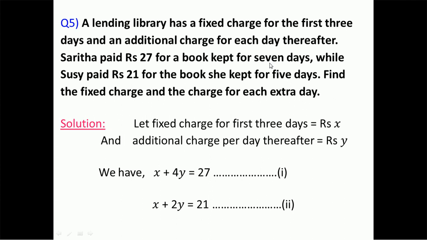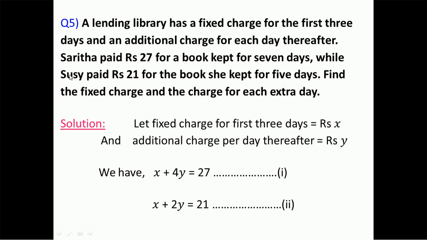For first 3 days the charges will be rupees X, and for remaining 4 days, the charges will be according to Y. So here we have the first equation, X plus 4Y is equal to 27, means first 3 days is X and remaining 4 days means 4 into Y, and their addition comes out 27. So X plus 4Y is equal to 27.